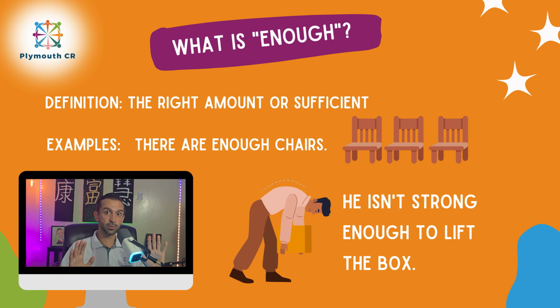If I have three people and these three people need to sit down and I have three chairs, so I have enough chairs for the three people. And then on the other hand, if we use it in a negative form, because the first one is actually talking about quantity, in this second one we're talking more about quality or ability to do something. He isn't strong enough to lift the box. He needs more strength to be able to lift the box.